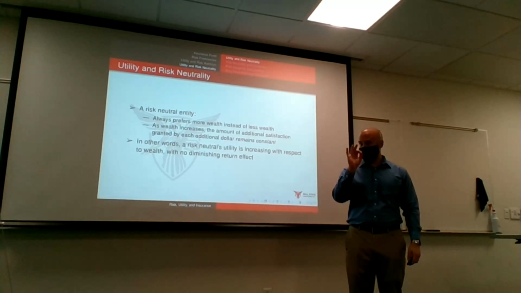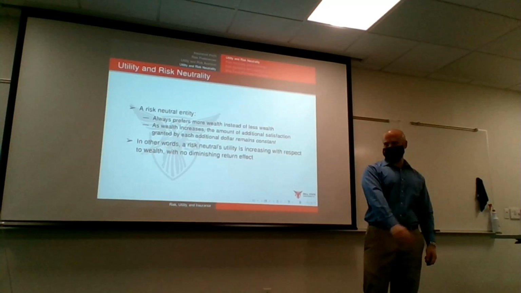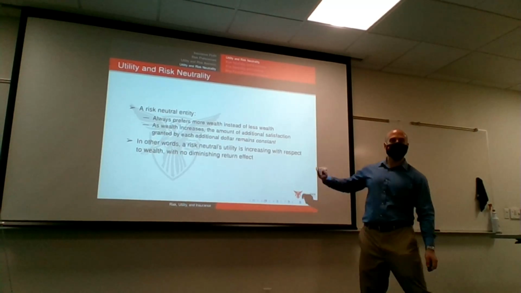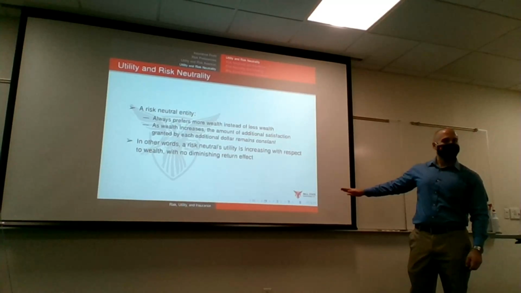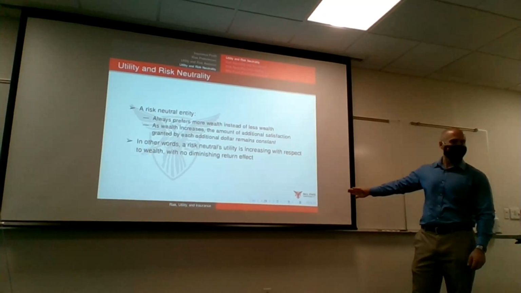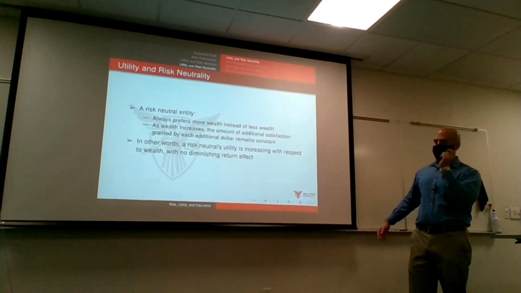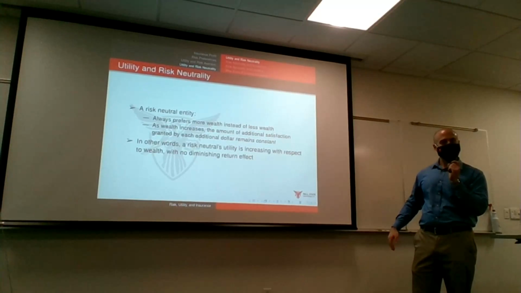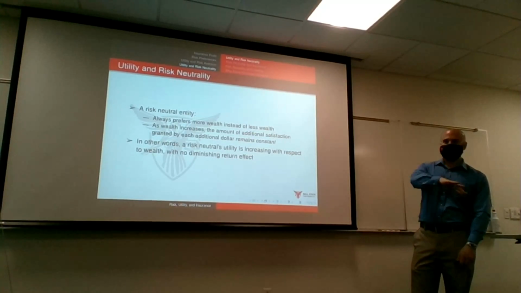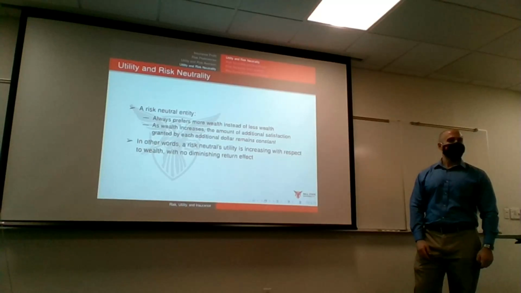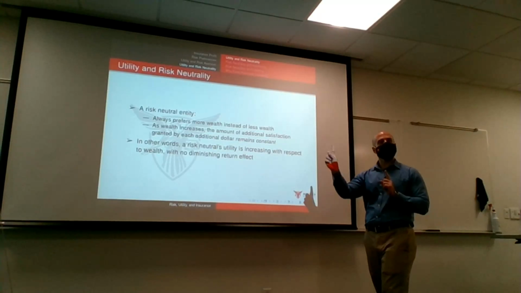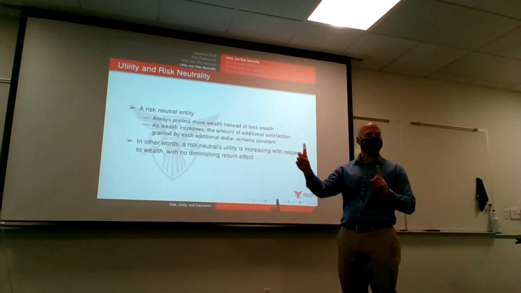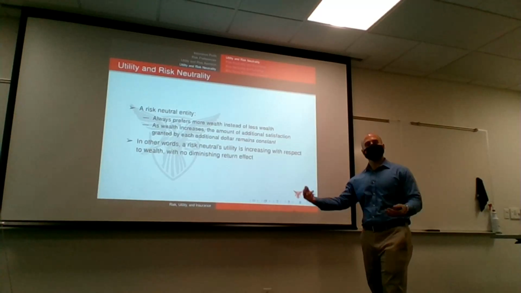Each new dollar that you could potentially get is worth just as much as the last. There's no curvature. So if we were to graph a risk neutral entity, have utility of wealth on the vertical axis and wealth on the horizontal, it will be a straight line. Every dollar gives you one more utility, one more UTI. 10 gives you 10, 20 gives you 20.